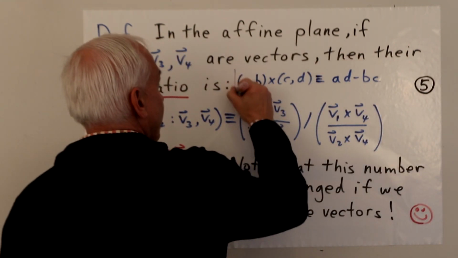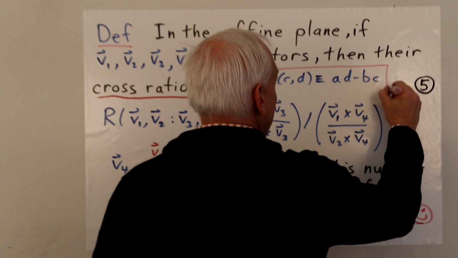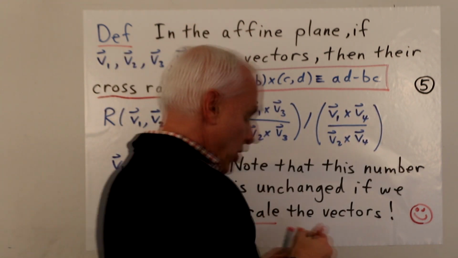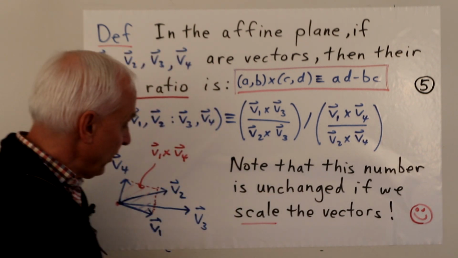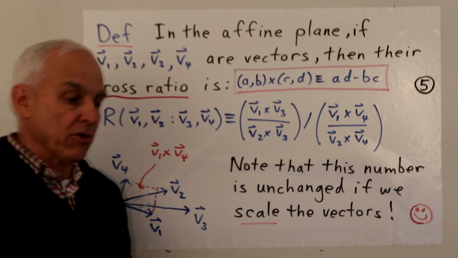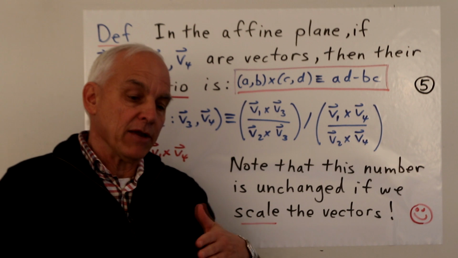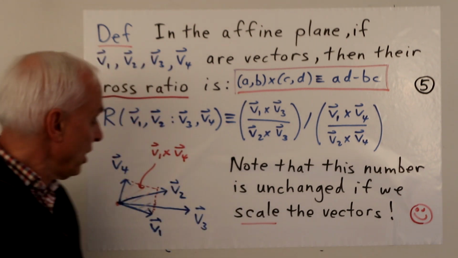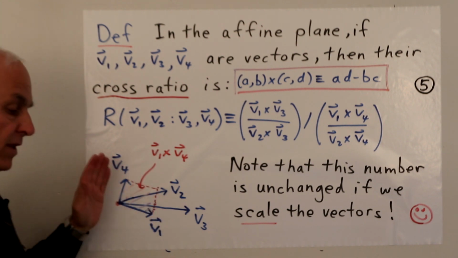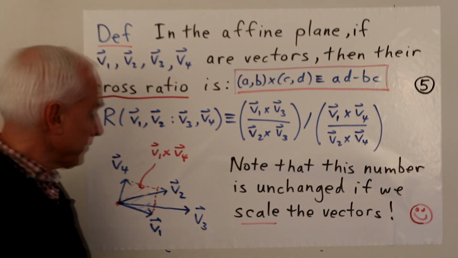That's a formula for the cross product of 2 vectors once you've chosen coordinates. But if you don't want to think about coordinates, you can think about it as being areas of parallelograms, suitably given signs, so it's positive or negative depending on the orientation. If you're going from a vector here to a vector here, then it's positive, otherwise negative.